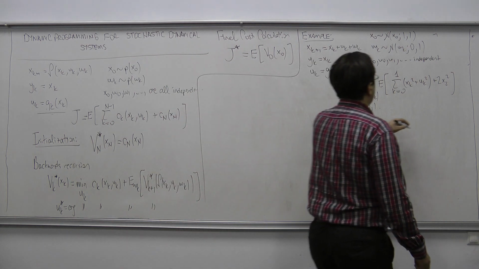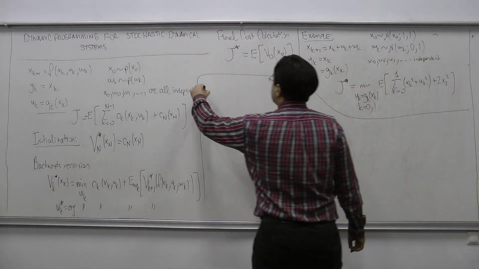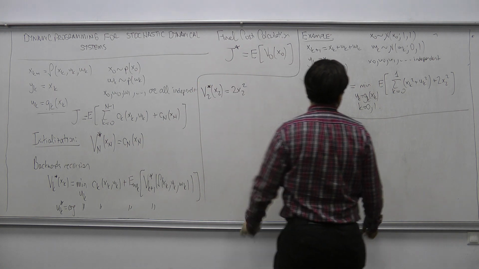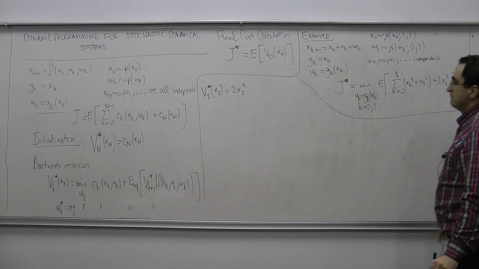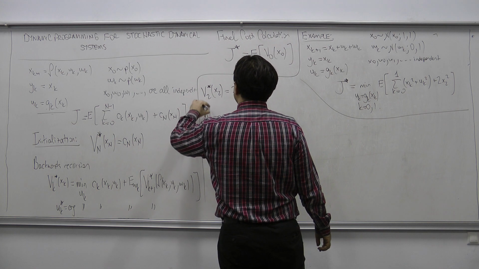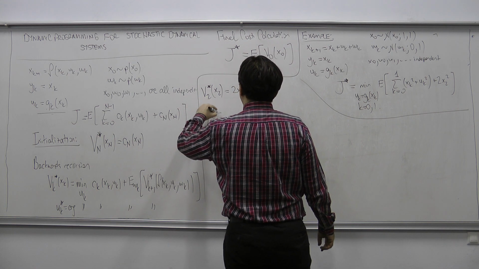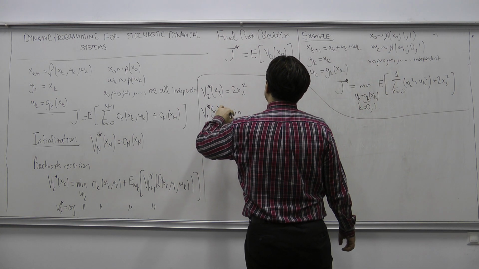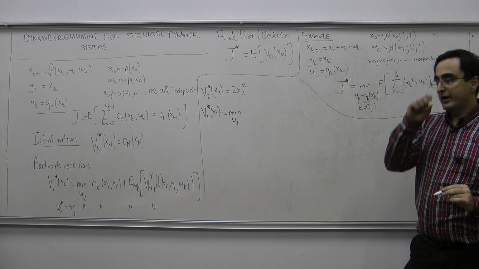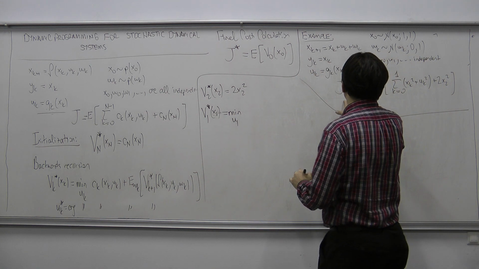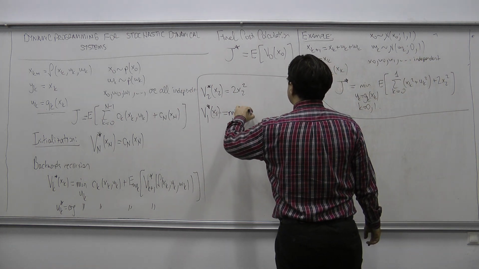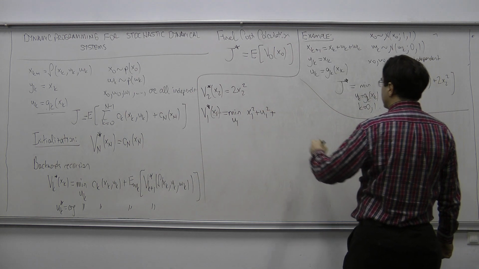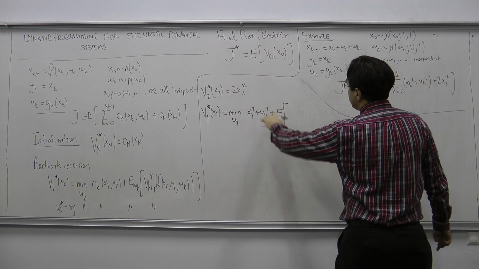Let us start our recursion with V2 star of x2 equal to 2 x2 squared. It is just this thing. So now I'm ready to calculate V1 star. V1 star of x1 is equal to the minimization with respect to u1 of the incremental cost, x1 squared plus u1 squared, plus the expectation of V2 star.